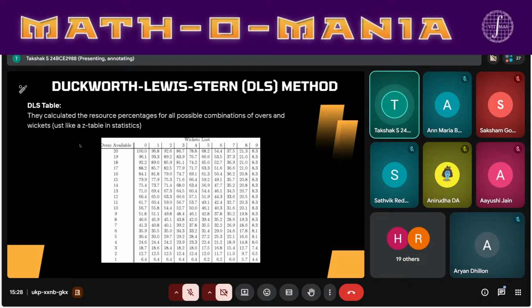If the batting team has 20 overs available and they didn't lose any wicket, they have 100% resources. If they have 15 overs, meaning 5 overs are lost to rain, and they lost 4 wickets before rain, then their resources are 66.4%. Similarly, they use the DLS table to calculate the resources and target after rain.